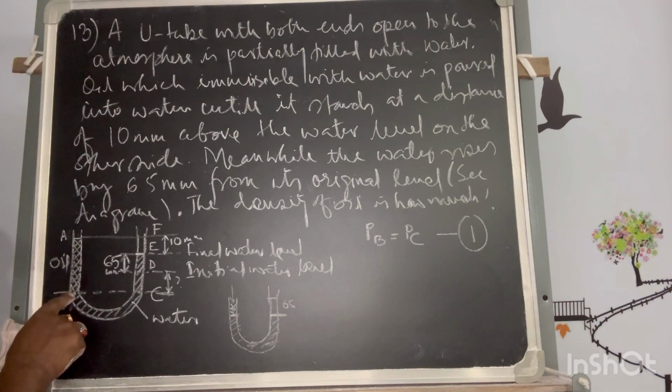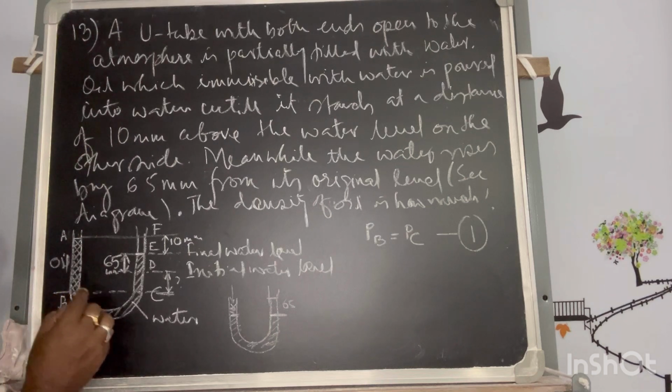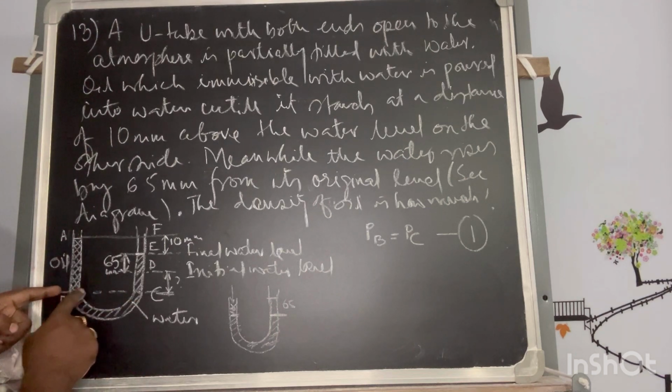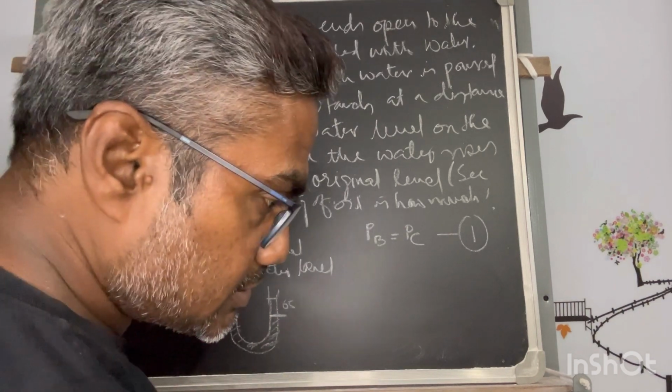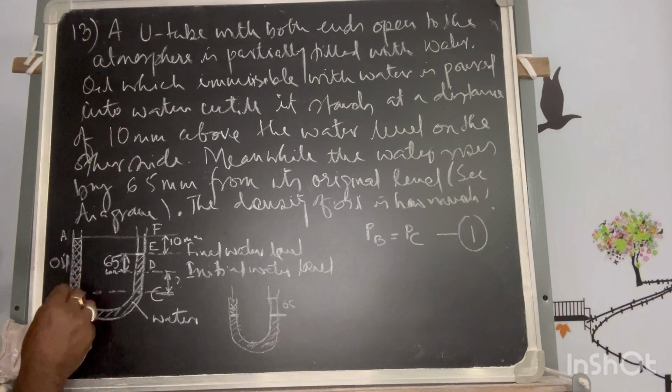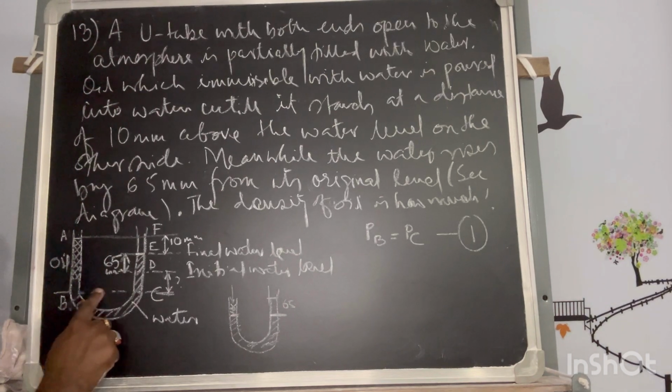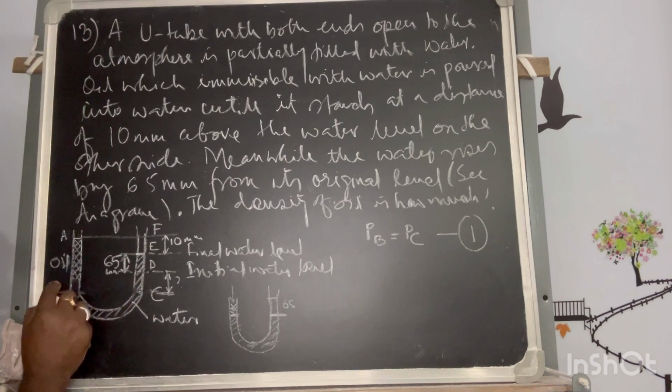As per the diagram, the other arm of the U-tube is somewhere here, not at the curvature itself.